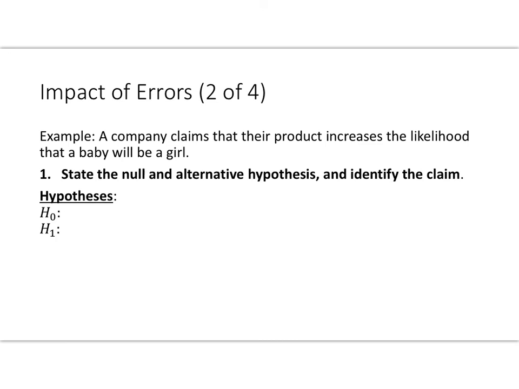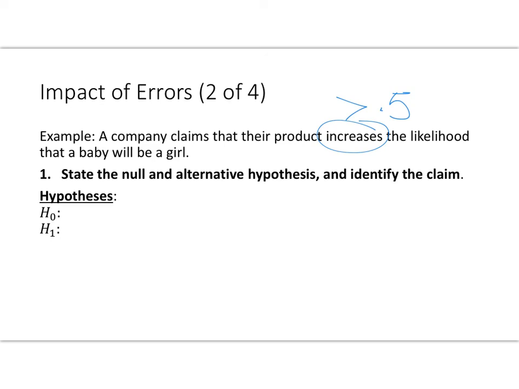A company claims that their product increases the likelihood that a baby would be a girl. So that means if we're talking about babies being a girl and it's increasing, we would assume that a baby being born would be 50-50. So they're saying it's greater than 50%.